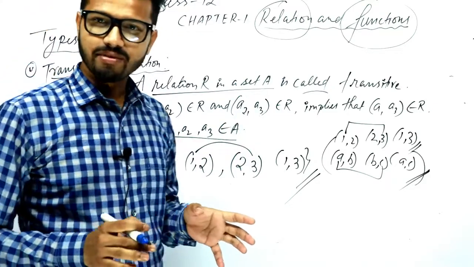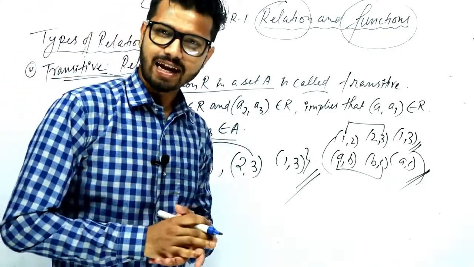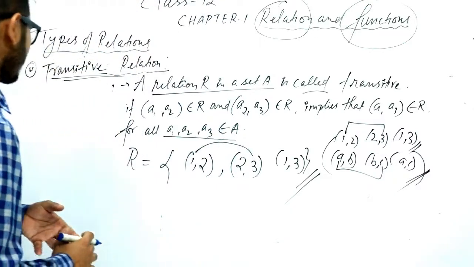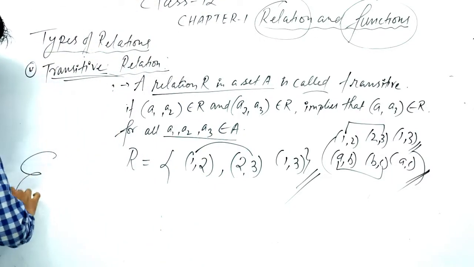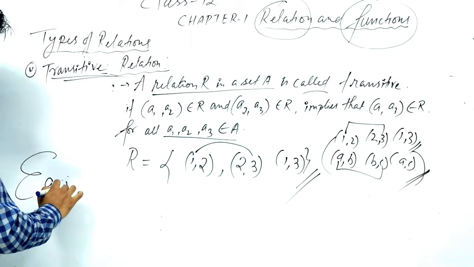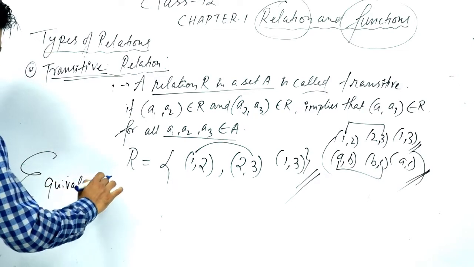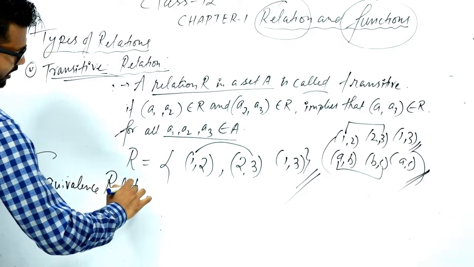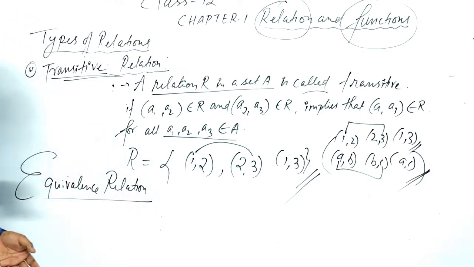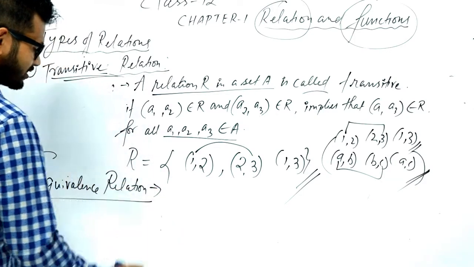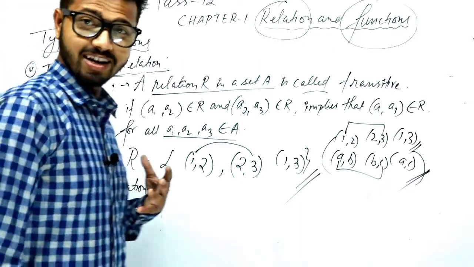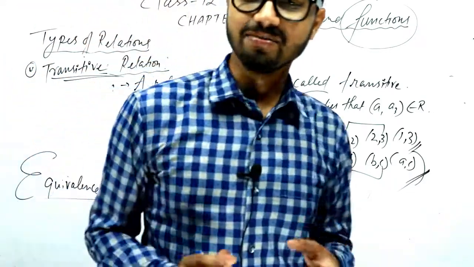So now, the last concept that I would like to mention here is the equivalence relation. You might be thinking, what is this? I have not mentioned it earlier. Very simple.